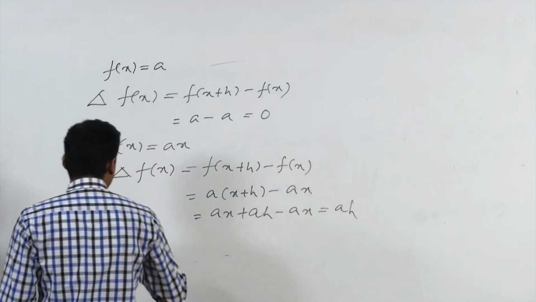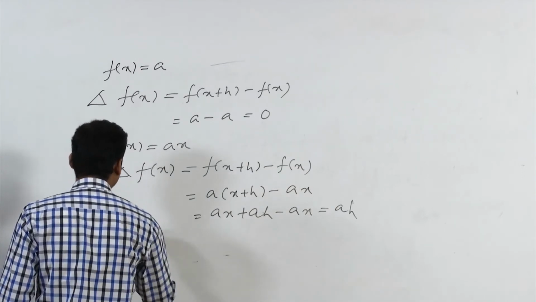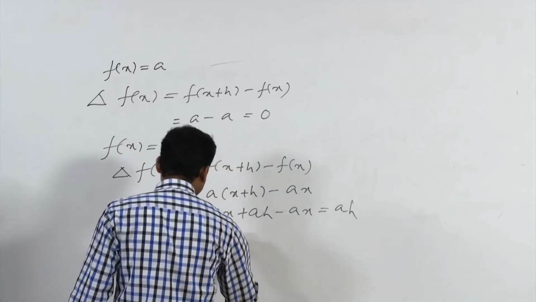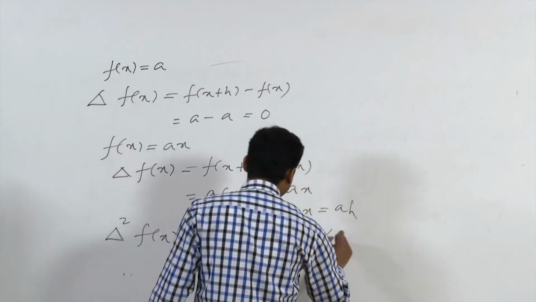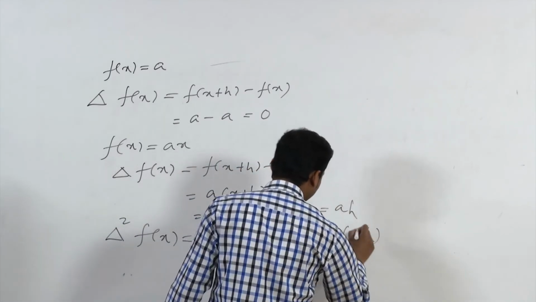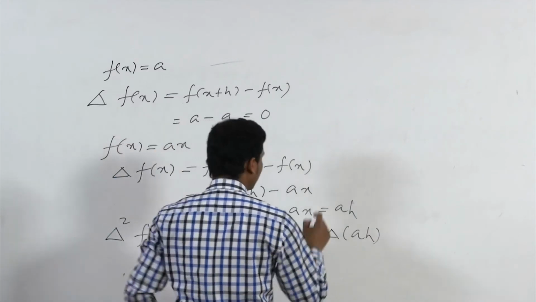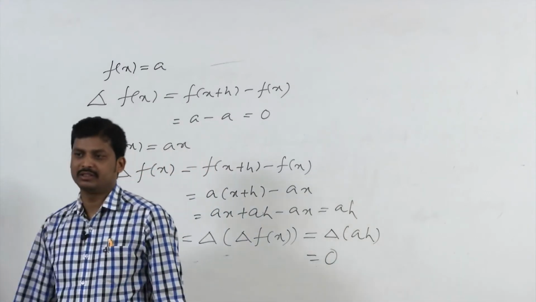If again we apply the delta operator, delta square of f of x is delta of ah, and we have already defined that delta of a constant function gives a 0 value. So, it can be expressed as 0 here.